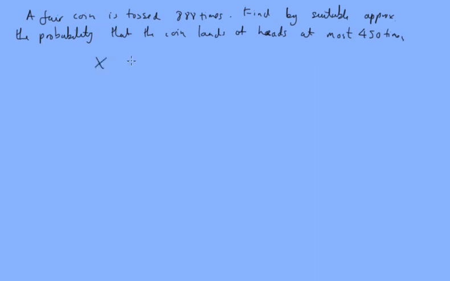So X is a binomial distribution where n is 800 and the probability of success is 0.5.